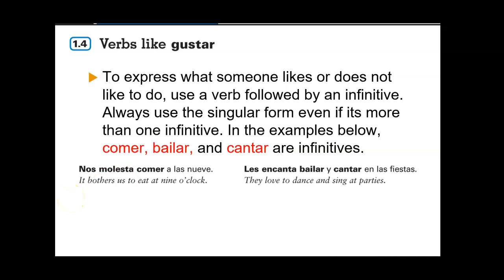So what bothers me is eating at 9 o'clock. So you have to leave it in the infinitive form. This one, les encanta bailar y cantar. I'm still going to use this singular form of the verb, even if I have bailar y cantar. I can have 10 infinitives behind this sentence, and I'm still just going to use the a, the singular form.